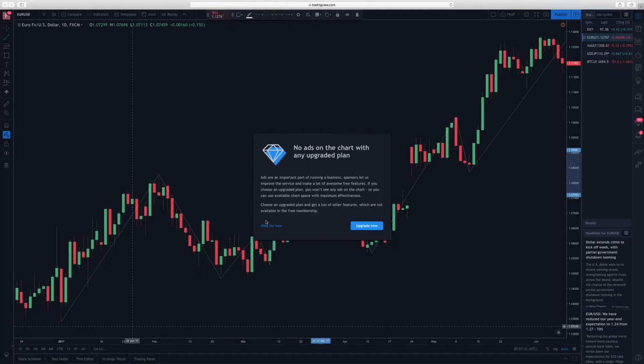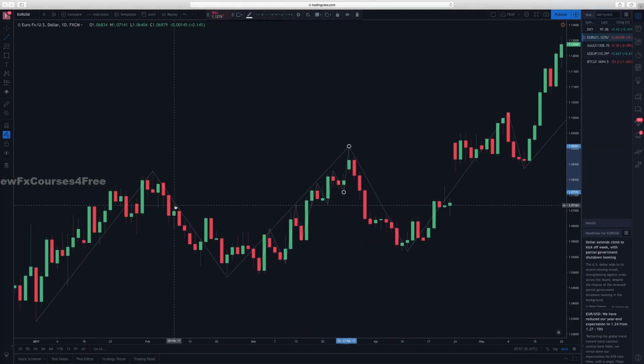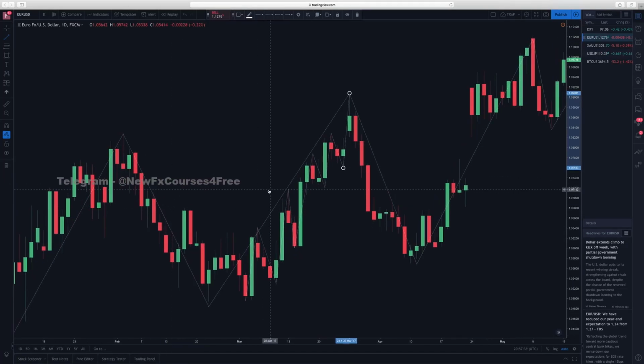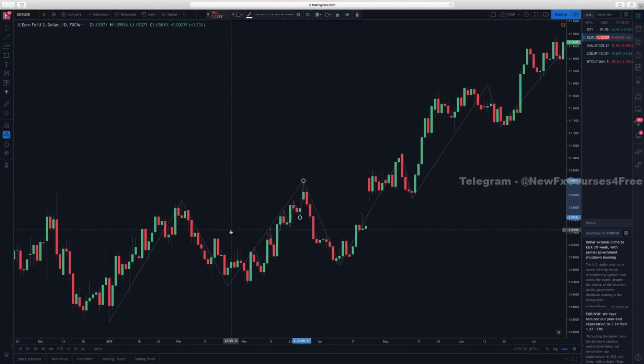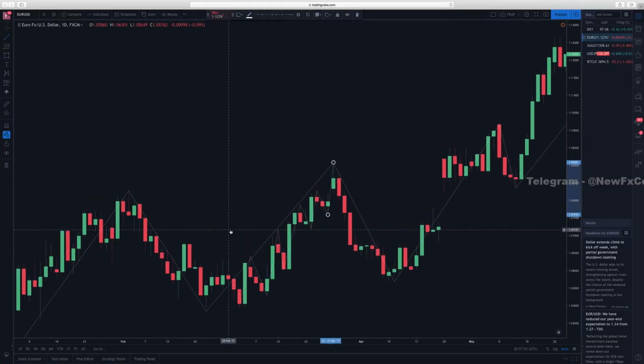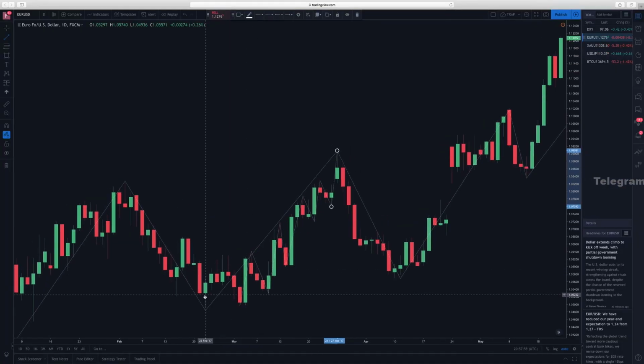This clear set of swings is going to be a lot more visible on a lower time frame than this big uptrend, similar to what we're seeing on this time frame at the moment.